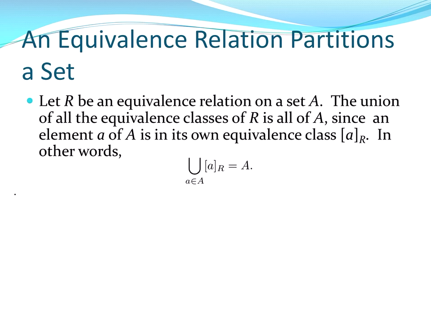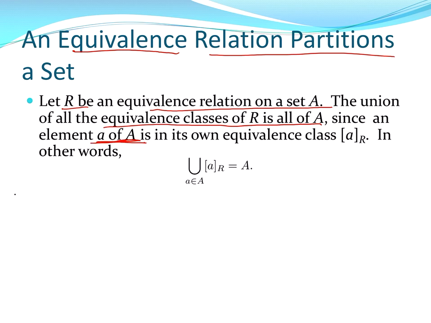We're going to show here that an equivalence relation gives a partition of a set. So R is an equivalence relation on the set A. The union of all the equivalence classes is all of A, since an element of A can be in its own equivalence class.